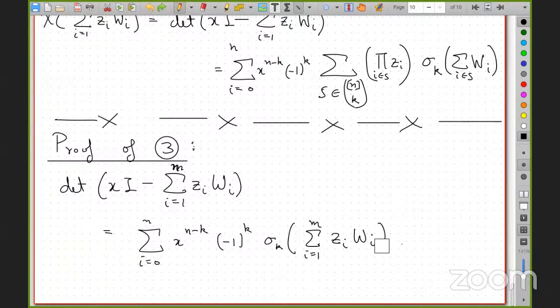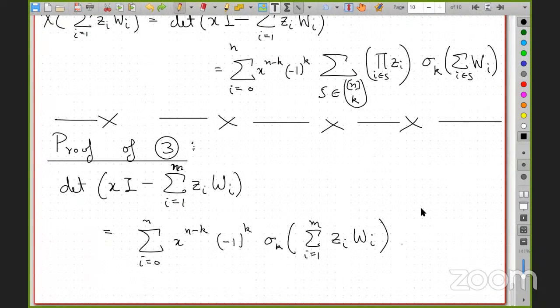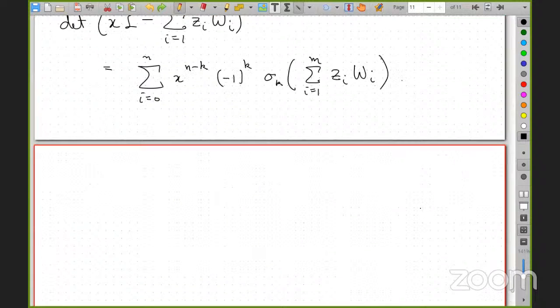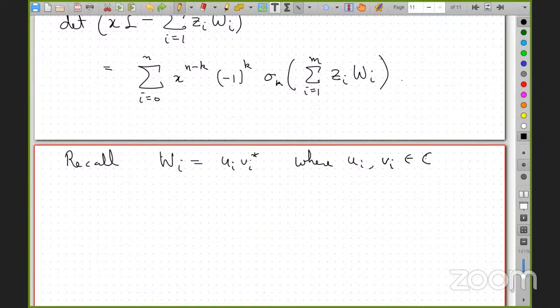So now you have to understand what this sigma k of the sum of zi Wi looks like. Remember that we had this representation. We recalled that Wi is rank one. That's the crucial thing. So these Wi matrices are like ui vi dagger, where ui, vi are in C to the n.